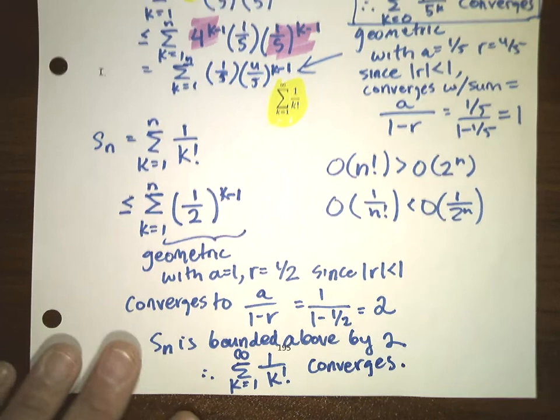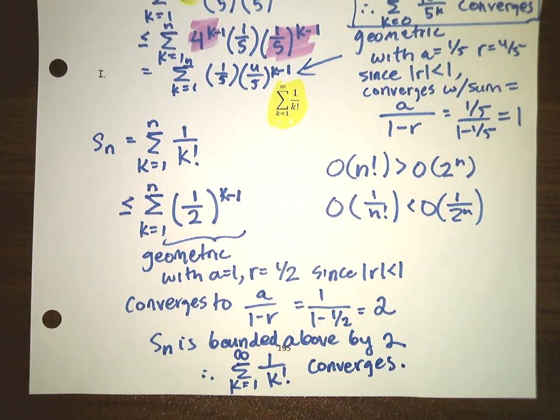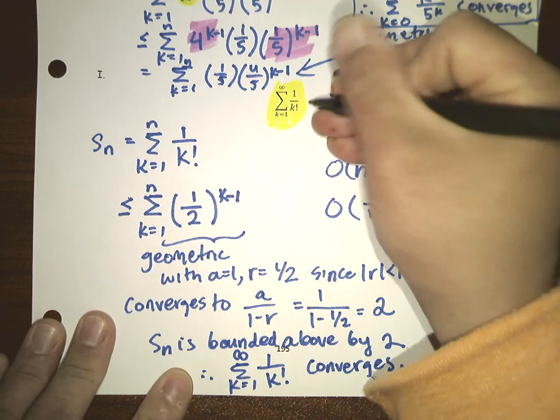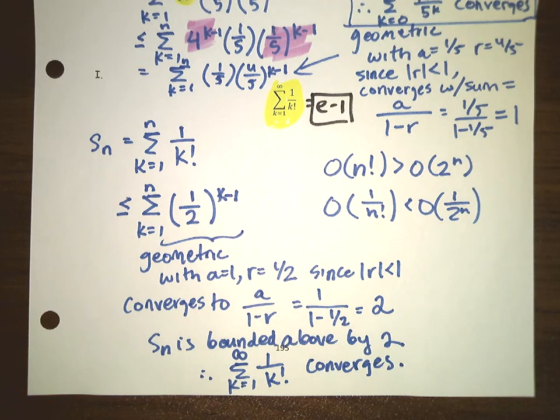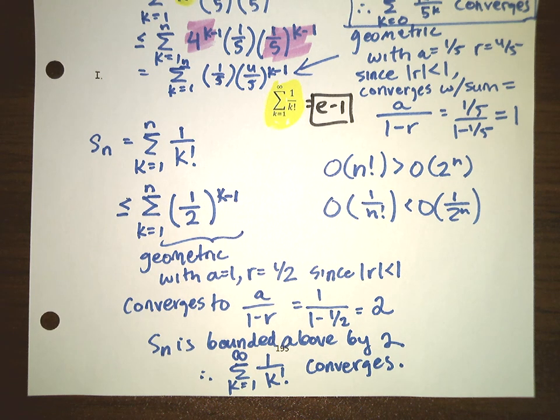And if you want to know what it converges to, and again, only Maxwell has to calculate this, it converges to e minus 1. So that's all I have on this section. So that would be the properties of infinite series.